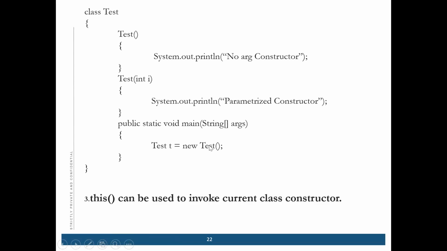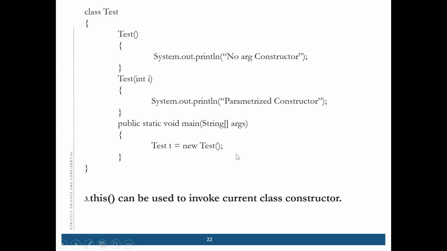Now there is one more use of this keyword, which can be used to invoke the current class constructor. Now this is an interesting thing. Suppose there is a test class. There are two constructors which we have created. One is a no argument constructor and one is a parameterized constructor. Now we have just created one object here.